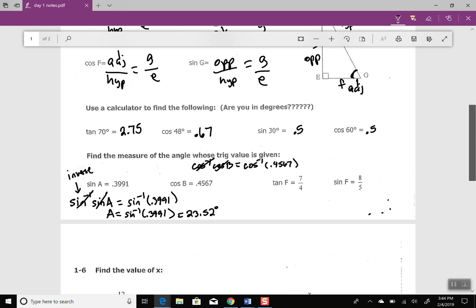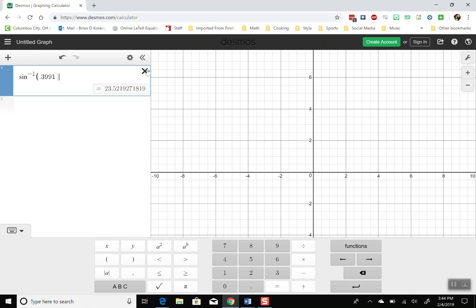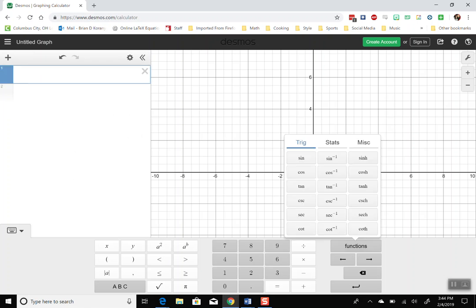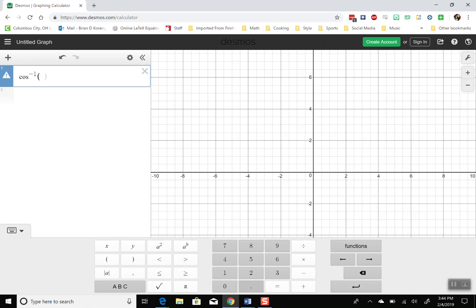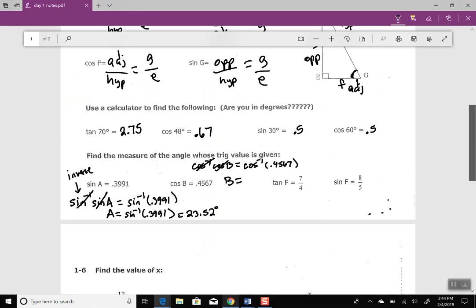So these cancel each other out, leaving me with angle B. And then cosine of 0.4567. So functions, inverse cosine of 0.4567. It must have been a 62.83 degree angle. So 62.83. All right, so we'll do these other ones.